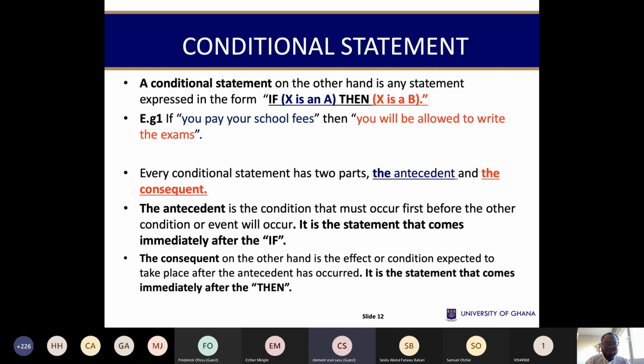So the first part of the conditional statement is if you pay your school fees. Then the second part, that's what will follow from paying your school fees, is that you will be allowed to write the exams.